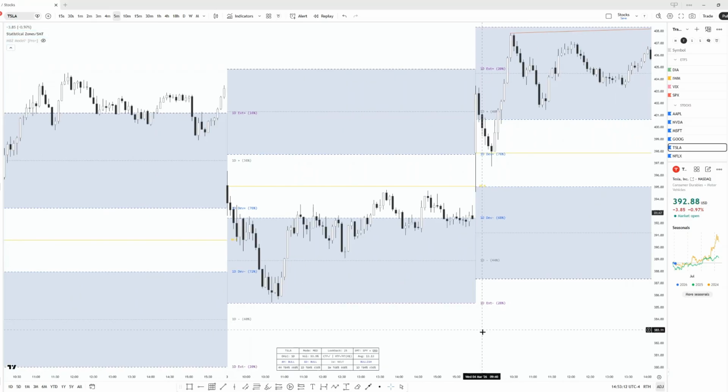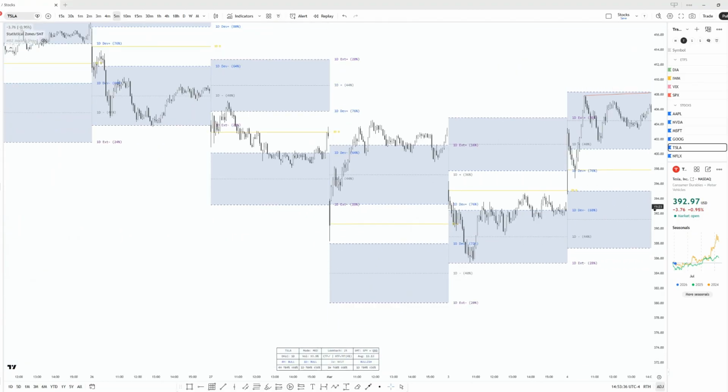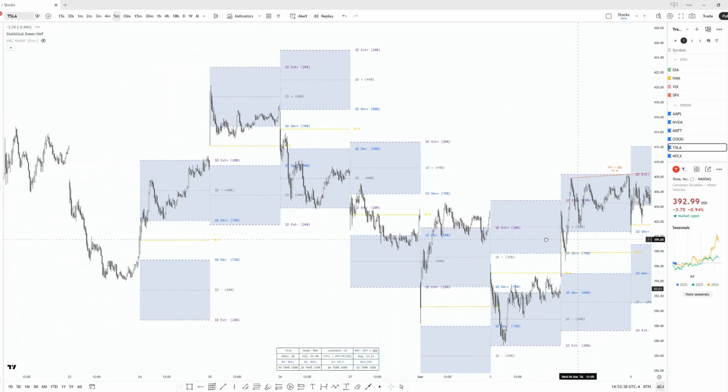Now, when it comes to trading options on stocks, I like to give it a little bit of time either way. So, for example, I might be trading Tesla here, and I might be looking for an opportunity of a move up to this 76% level. However, I'm not going to buy options that expire that week. I might buy options that expire the next week, etc. And if I'm doing scalps on the Qs, for example, same thing.